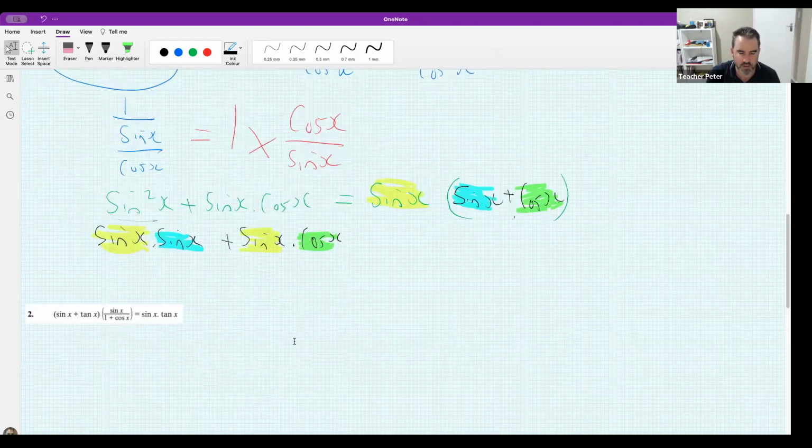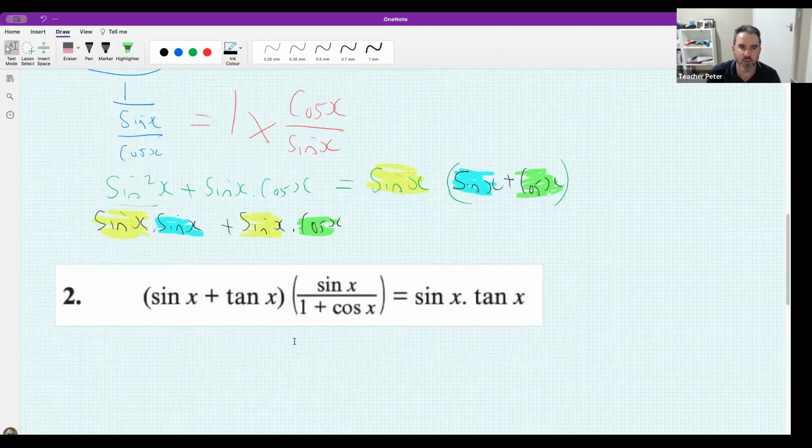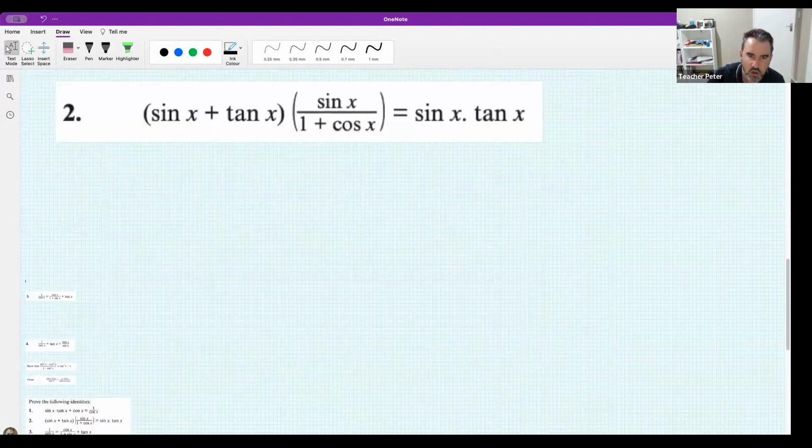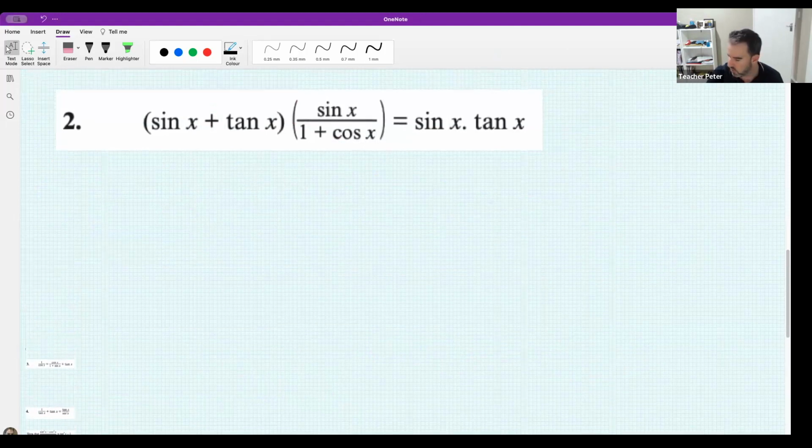So I'm going to put number 2 up, and I want to start for our first choice. Which side should we start with?